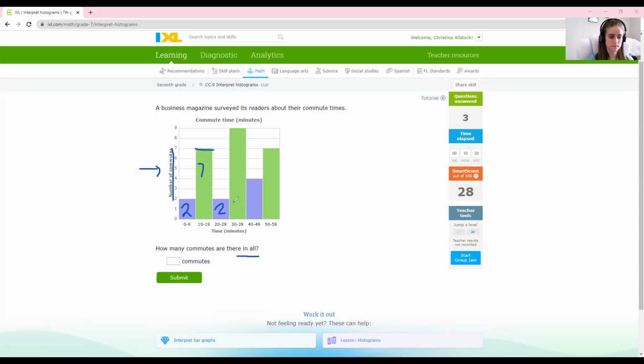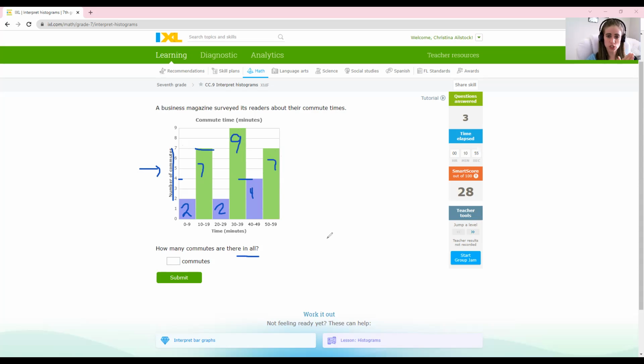There are 2. The next green one, that's 30 to 39, goes all the way up to the top. It goes up to 9. My last purple one from 40 to 49, that takes us all the way over here to 4. And then the last green one from 50 to 59 is at 7.